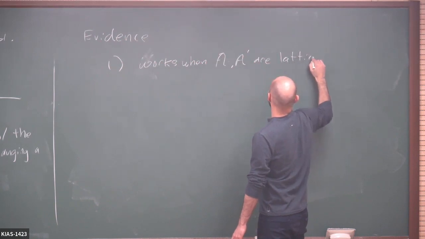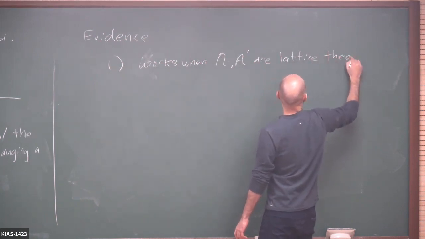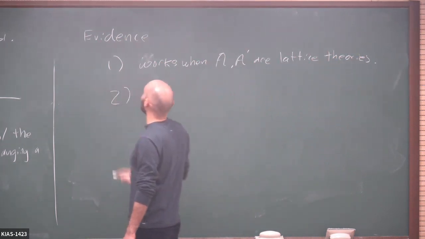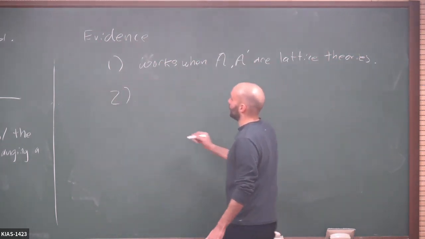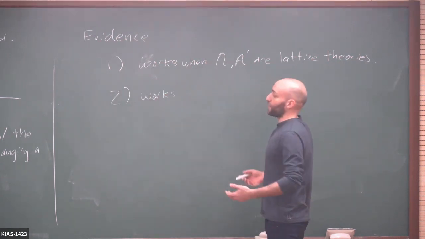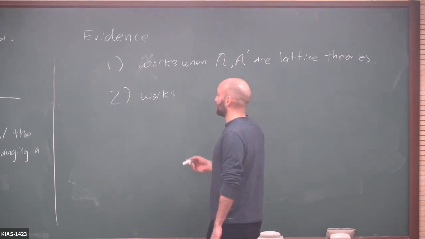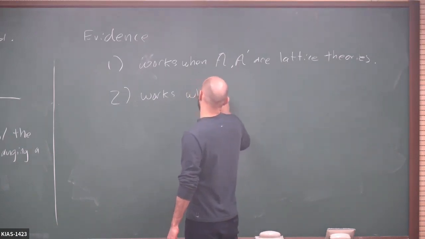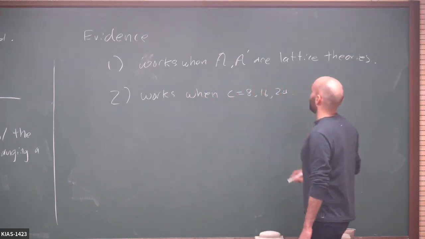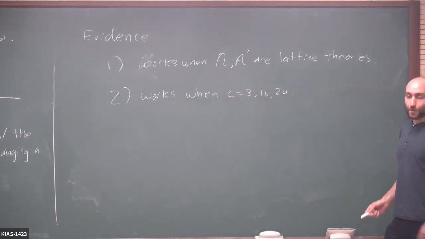Chiral boson theories. And two, because we know all the theories at c equals 8, 16, and 24, we can just ask whether this conjecture is true there, and it does happen to be true.